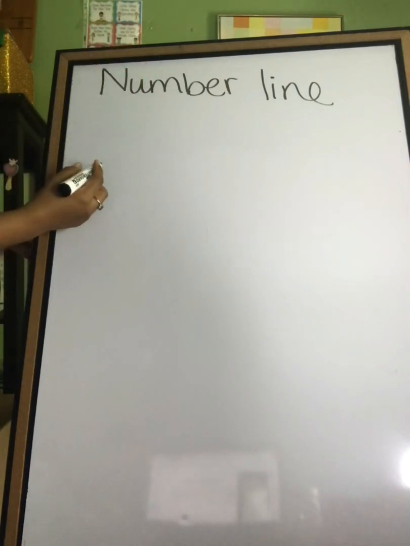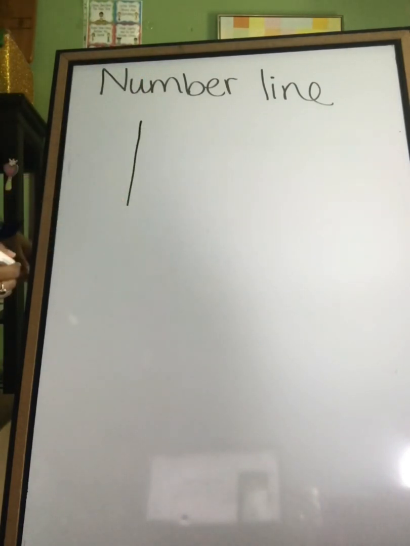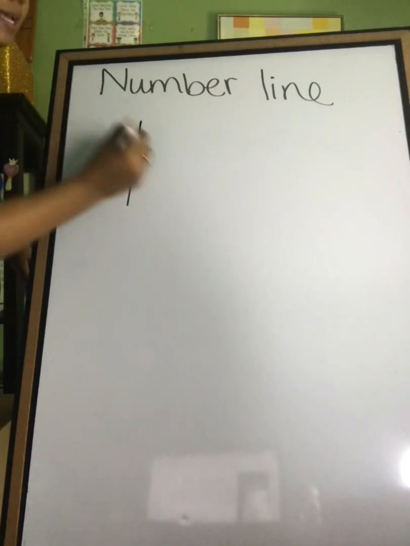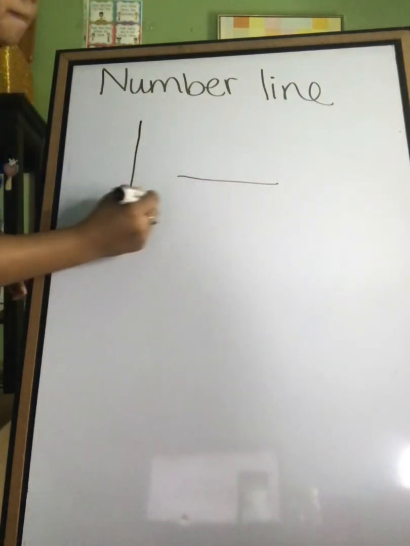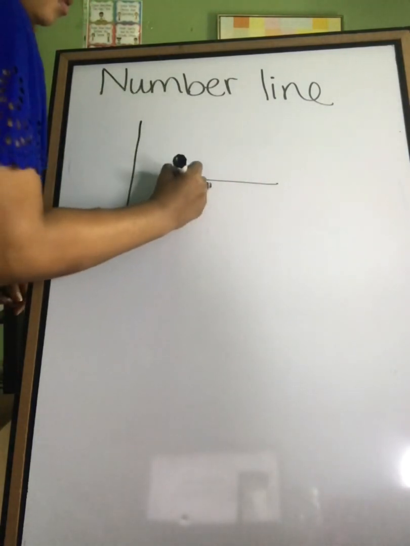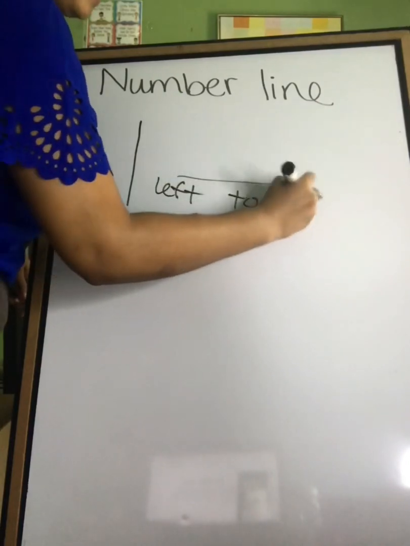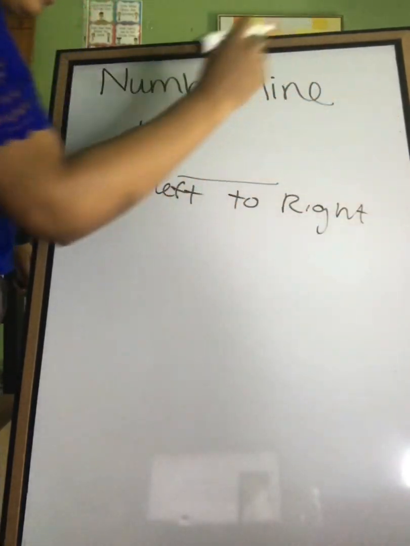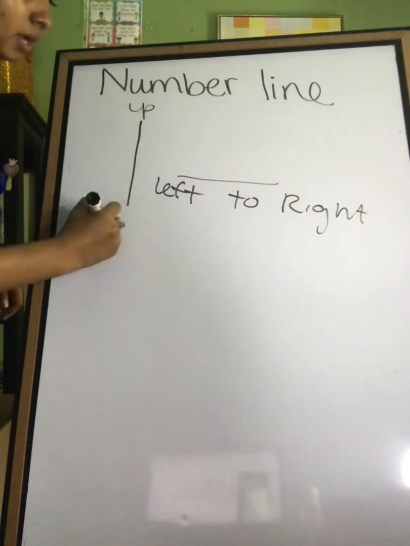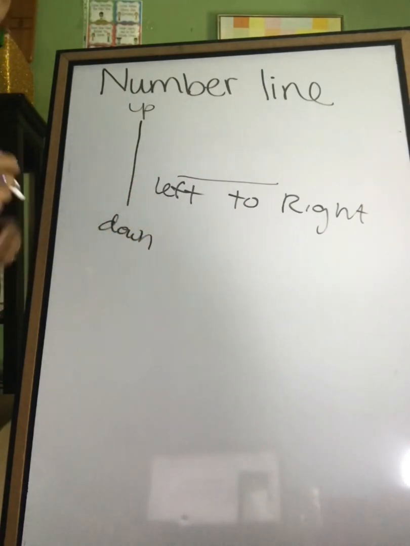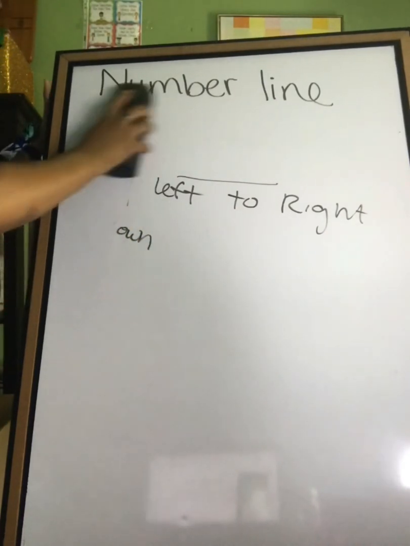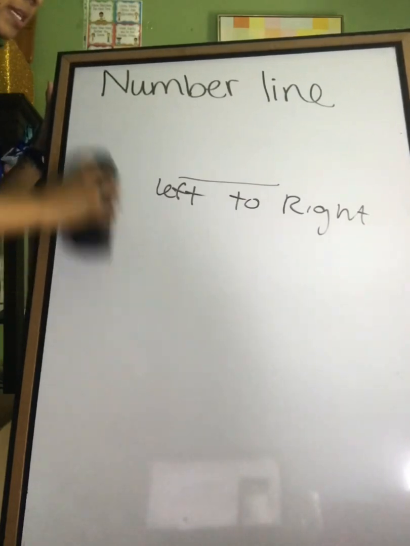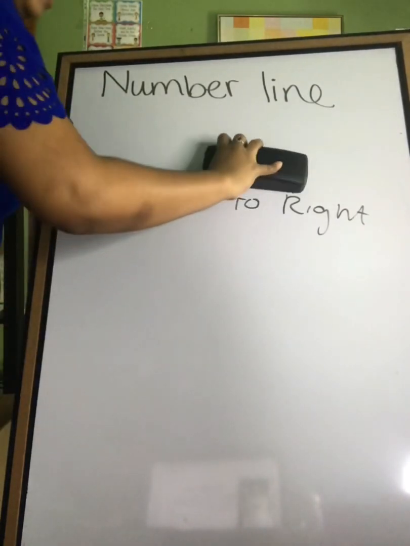So we know that this is vertical, but a number line is a horizontal line, meaning it goes from left to right. Vertical is up and down.